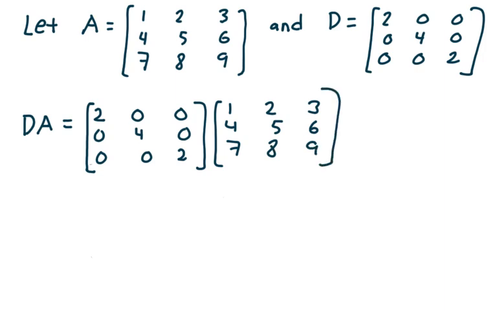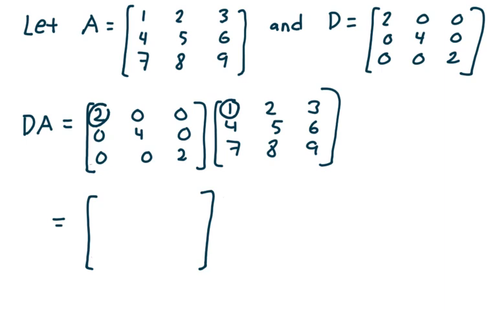Okay. Now, what's nice about this? When I take D times A, now I want the first row. Here's what the first row is going to look like. I'm going to take 2 and multiply it by 1.